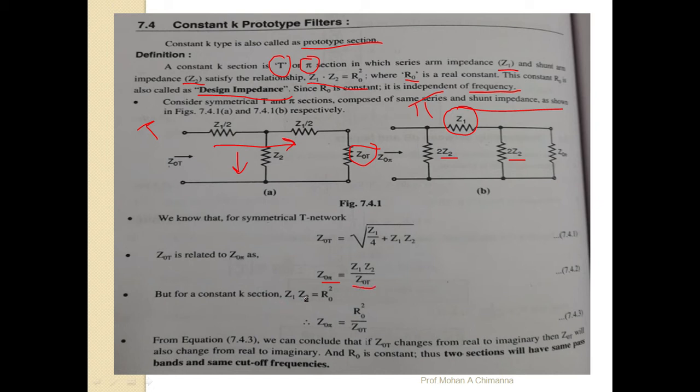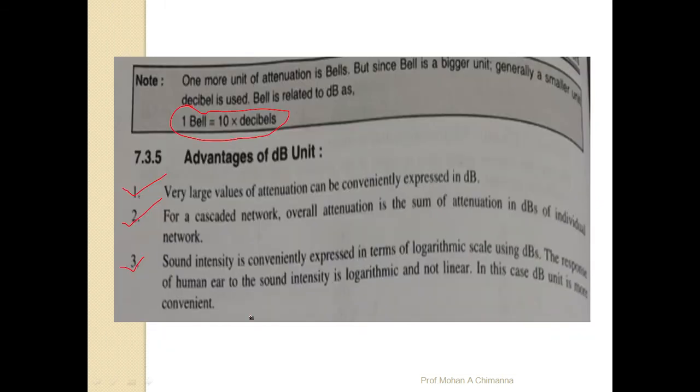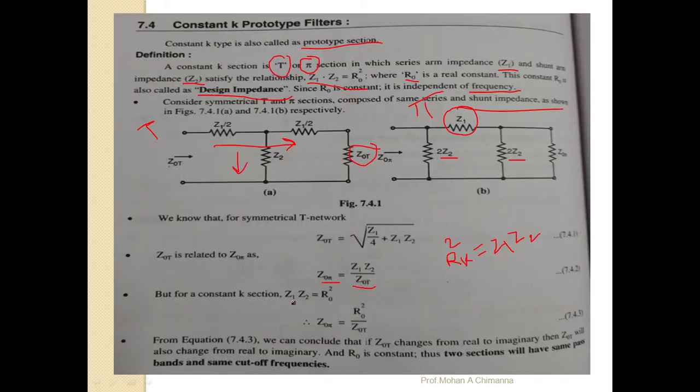We know that the design impedance is generally called RK square, so RK square is equal to Z1 Z2, the series and shunt arm impedances. For the constant K type of filter, Z1 Z2 is equal to R0 square. So from this equation, this is modified directly to ZO pi is equal to R0 square upon ZOT.